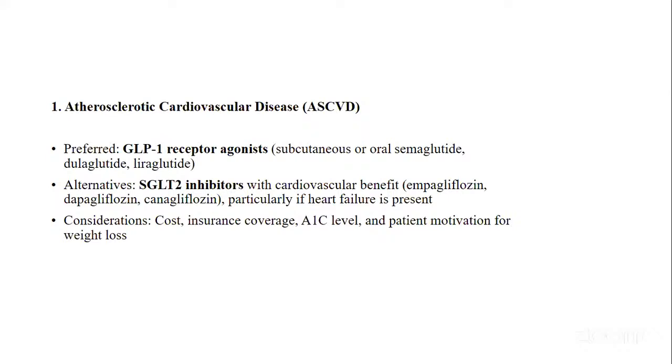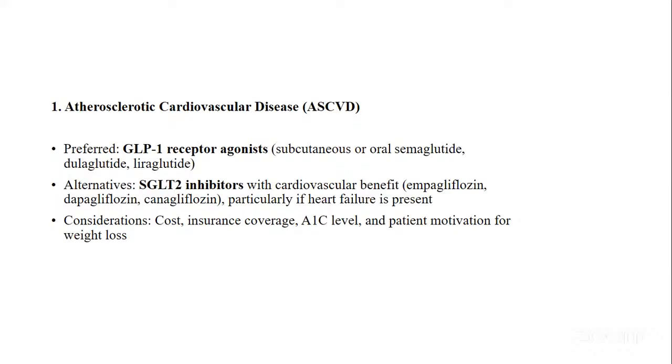The first thing is, if the patient has atherosclerotic cardiovascular disease, the preferred ones are GLP-1 receptor agonists, because many studies have shown benefit on favorable outcomes of this disease. We prefer subcutaneous or oral semaglutide, dulaglutide, and liraglutide. The alternatives are the SGLT2 inhibitors, particularly if heart failure is present.